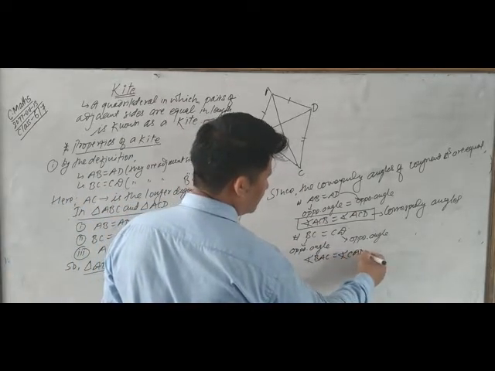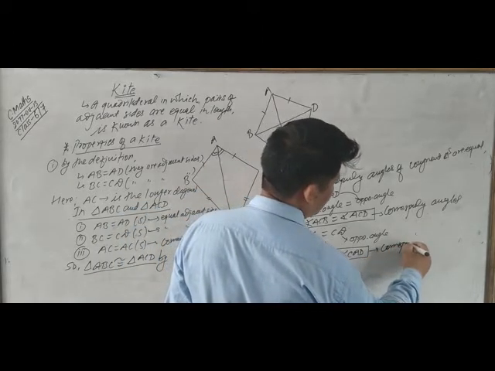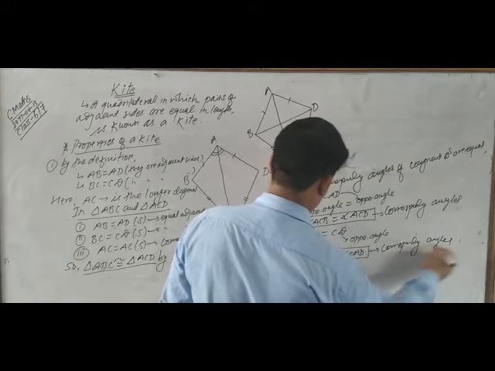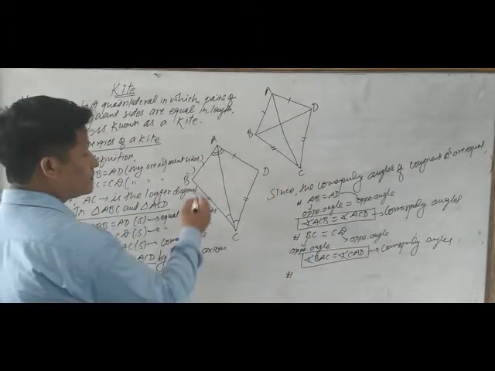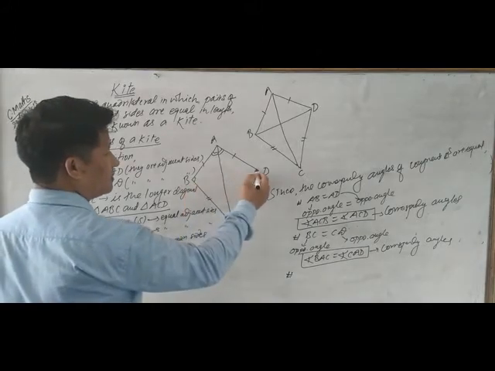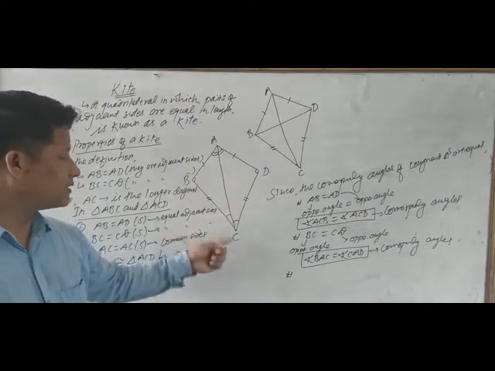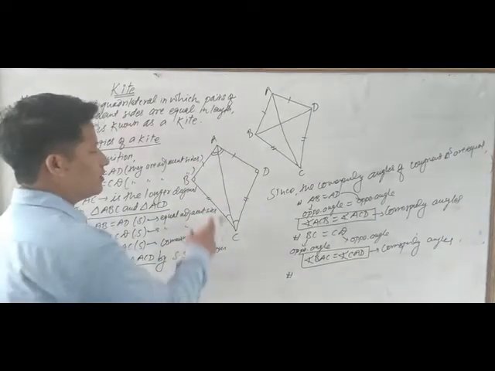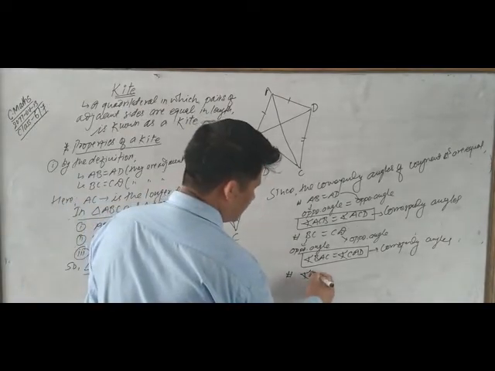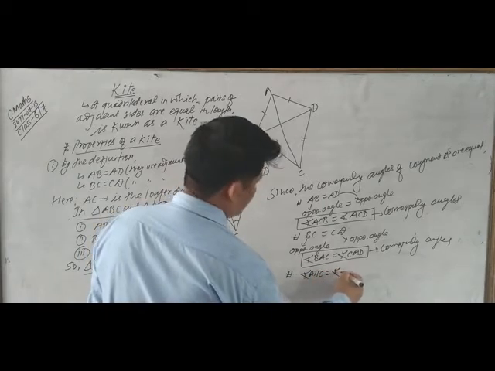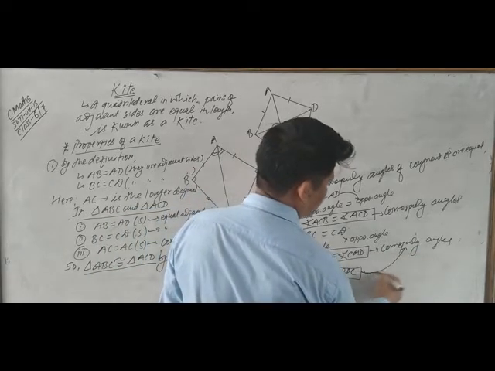They are also corresponding angles. Similarly, these angles are also equal because AC is the common side. The angles opposite to AC are two angles: angle ABC equals angle ADC. They are also corresponding angles.